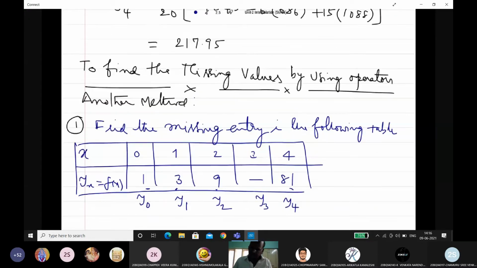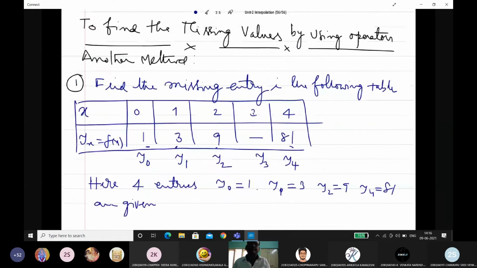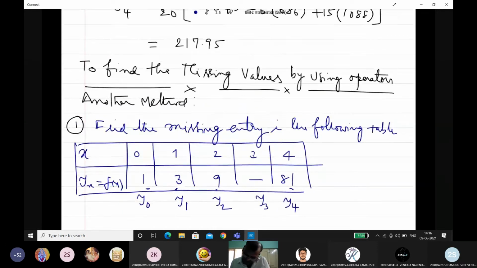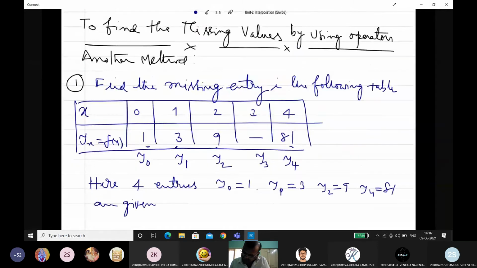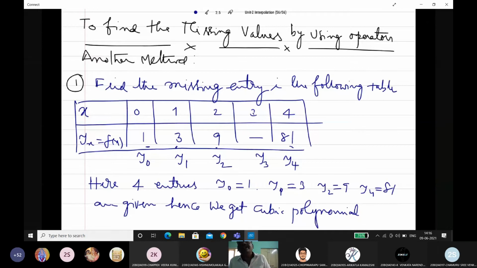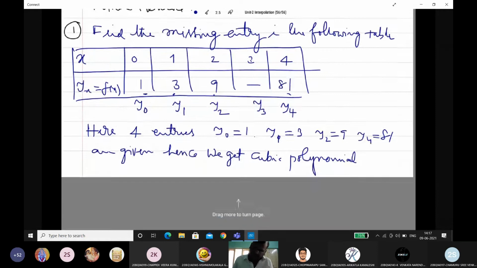Hence we get a cubic polynomial. Maximum 4 entries ఉన్నాయి కాబట్టి మనకు ఏ polynomial వస్తుంది? We get a polynomial of degree 3, or cubic polynomial. Therefore, the 4th degree difference is equal to 0.